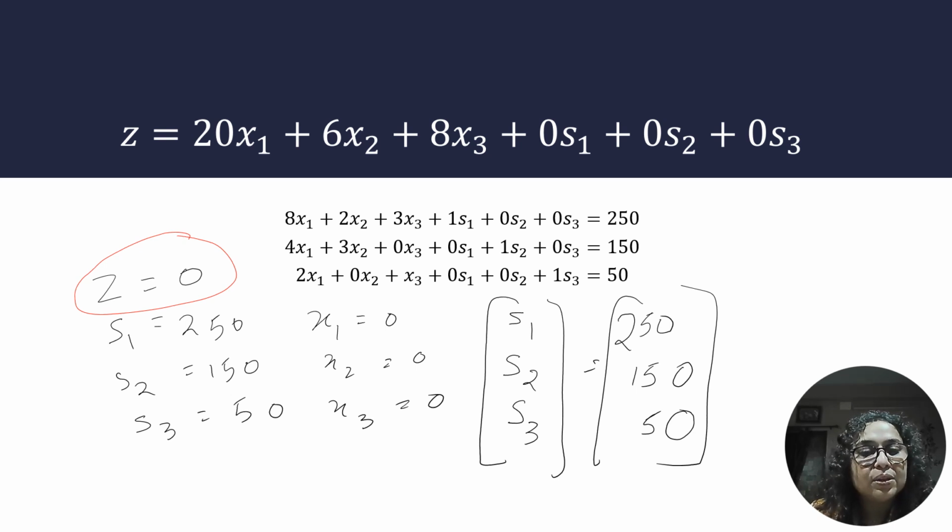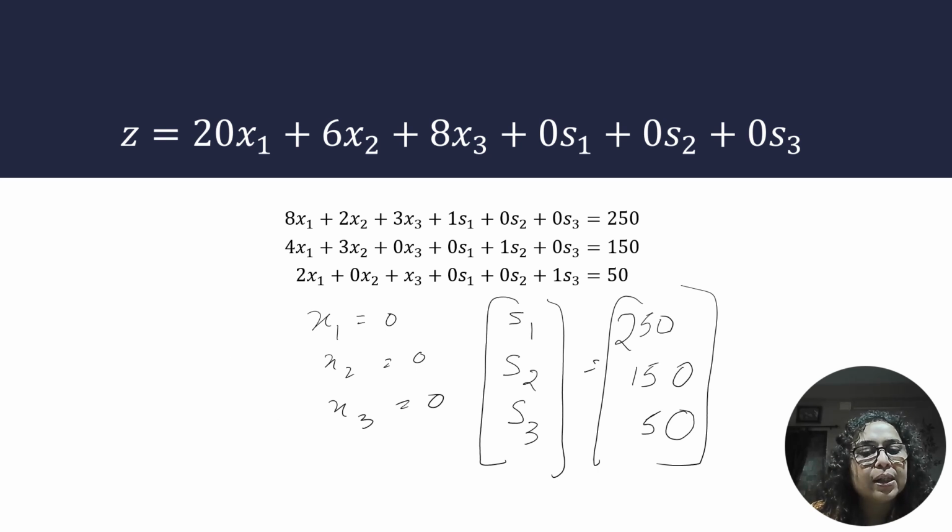Now, we have found this initial basis, and we can also include the z into the matrix that we have. So, how will the matrix look like? Let's take a little more time, because this is actually building the concept.